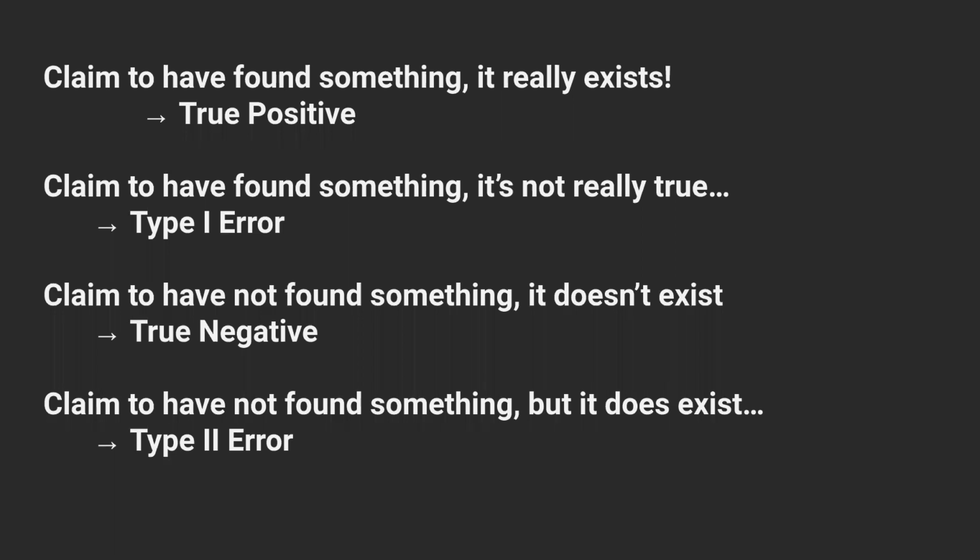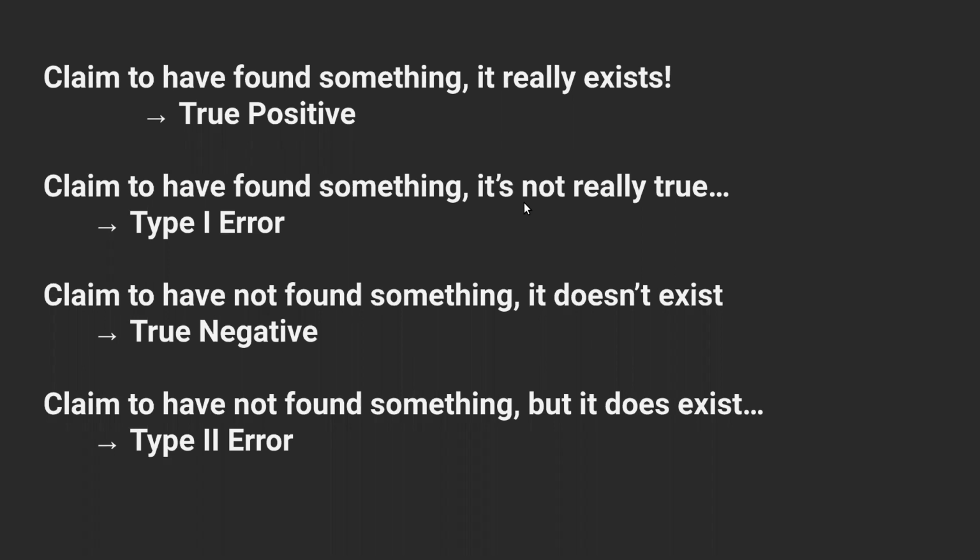And then lastly, if we claim to have not found something, but it actually does exist, we've committed a type 2 error. So that would be if we saw the data that we just saw on the previous slide, and we claim that we've never found some sort of example of learning, but we know in reality, actually, if you do practice, the number of mistakes goes down.